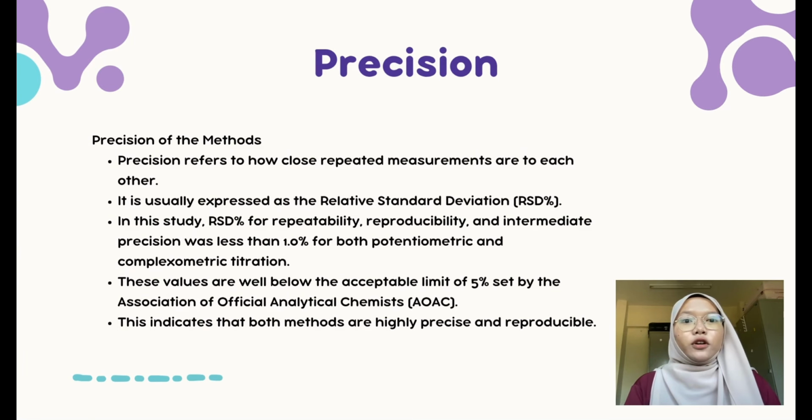These values fall well under the 5% acceptable limit recommended by the Association of Official Analytical Chemists, AOAC. This confirms that both methods are highly precise and produce reliable, reproducible results, which is crucial for ensuring the accuracy of zinc pyrithione quantification in shampoo.